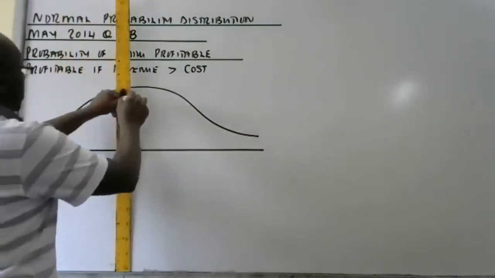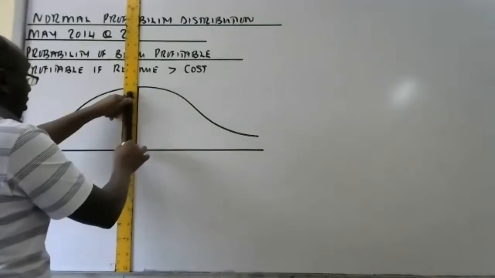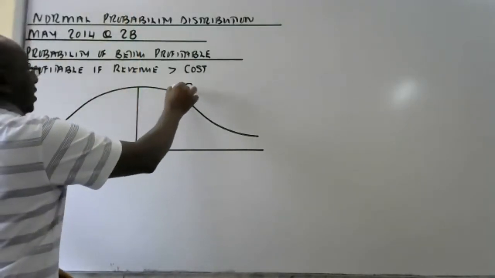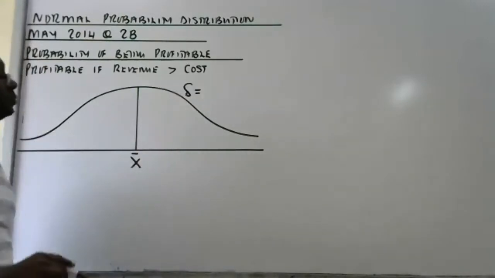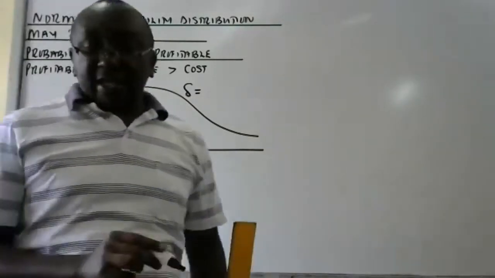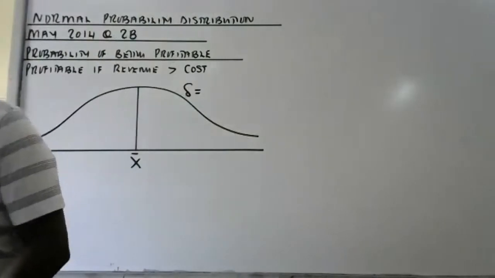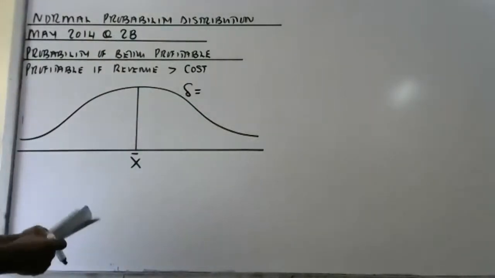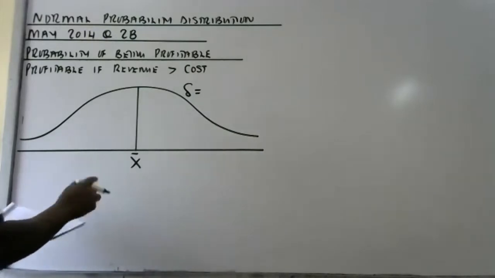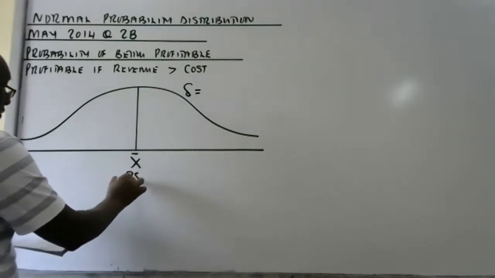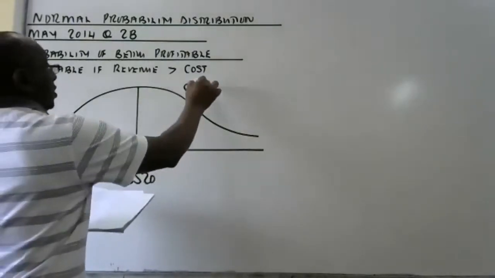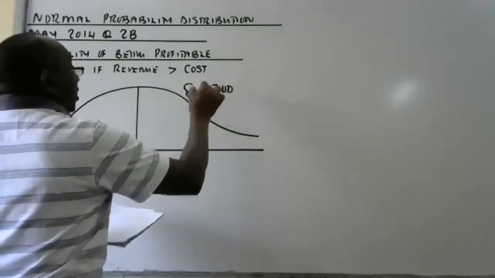That is what we do with the normal. So here we write the mean, and here we write the standard deviation. If our figures are in thousands, the mean is 8,520 and the standard deviation is 1,700.